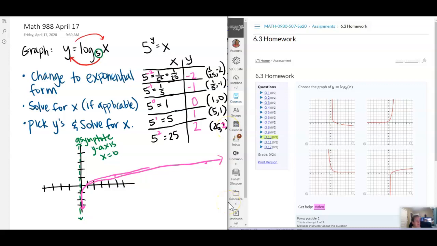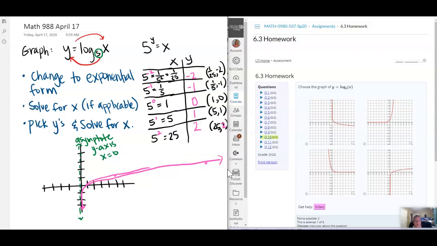It's called logarithmic growth because as you look at it from left to right, it's increasing. It's really slight. It doesn't increase really fast, like exponential growth, which goes up super fast. Logarithmic growth is pretty small. It doesn't go up as fast. So if we call these A, B, C, and D, the one down here in the lower right-hand corner would be the only one that could possibly be it.